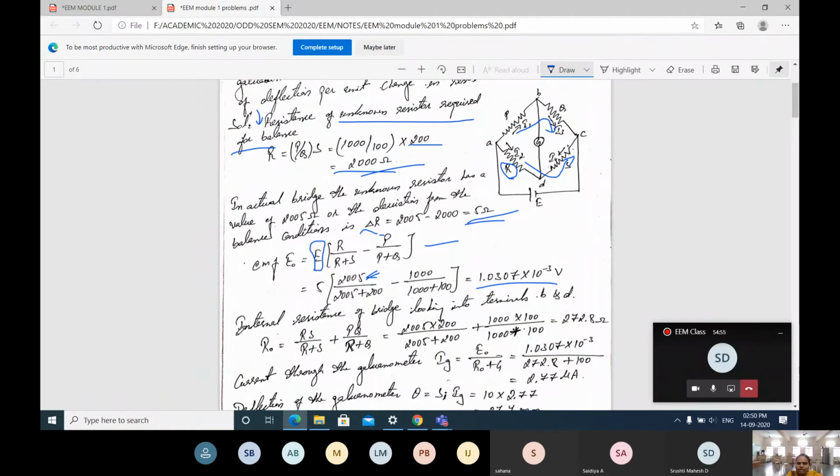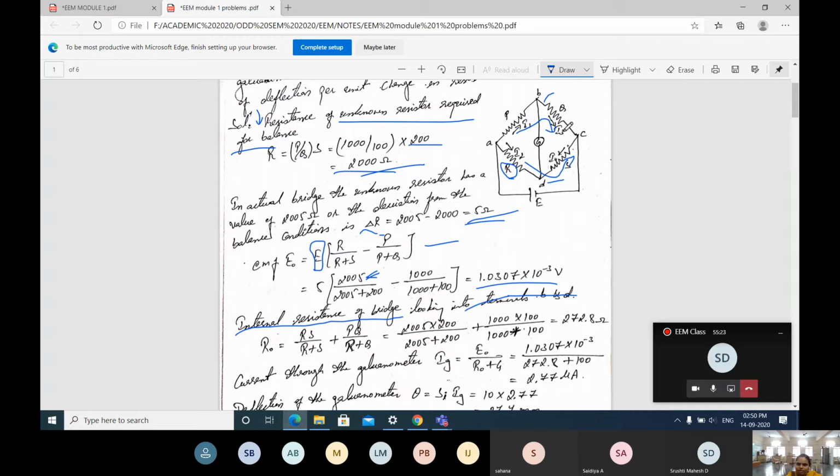Then the internal resistance of the bridge looking into terminals B and D. According to the B and D terminals, what is the resistance I will get? The internal resistance of the bridge, that is R0, equals, these two across B and D are in parallel, and these two are in parallel.